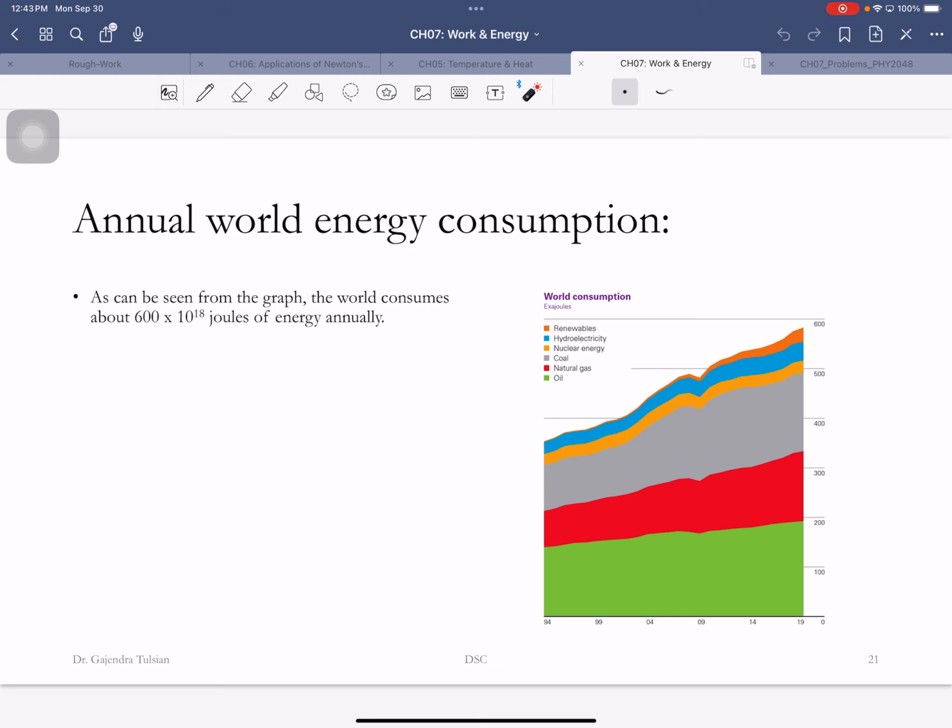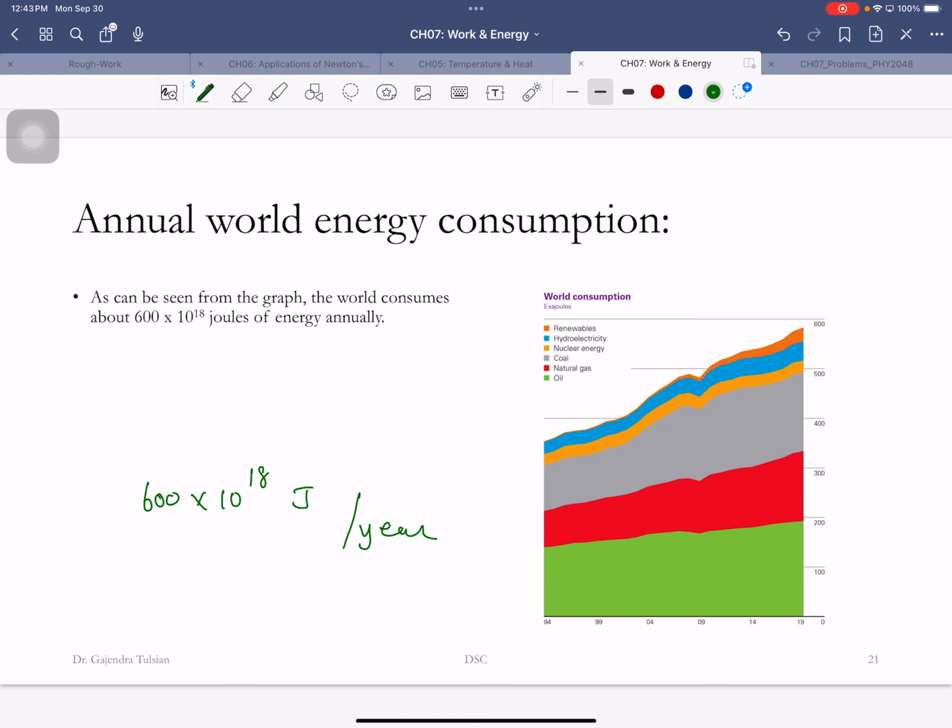What this graph says is, this is roughly true 5 years later. The total amount of energy the world uses is 600 exajoules. So 600 times 10 to the power of 18 joules per year.